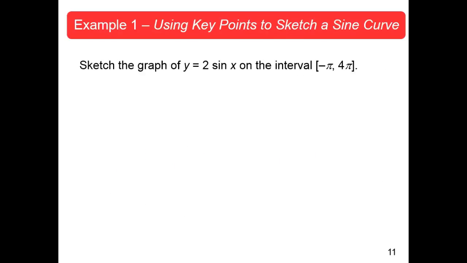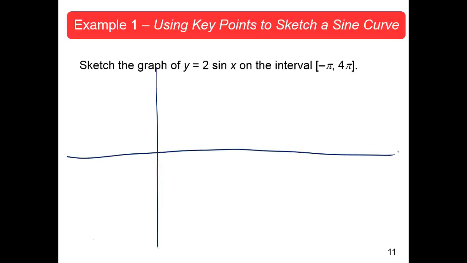So I think we're ready for example 1. Sketch the graph of y is equal to 2 sine x on the interval minus pi to 4 pi. So I'm going to put my vertical axis there. I'm going to put my horizontal axis here. Okay?